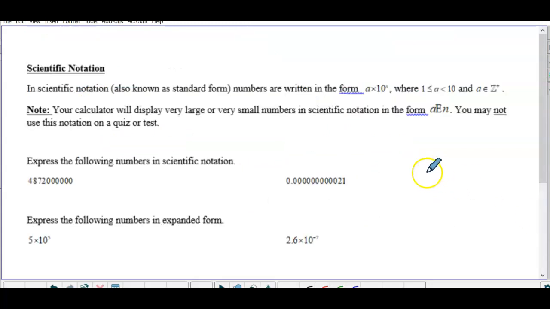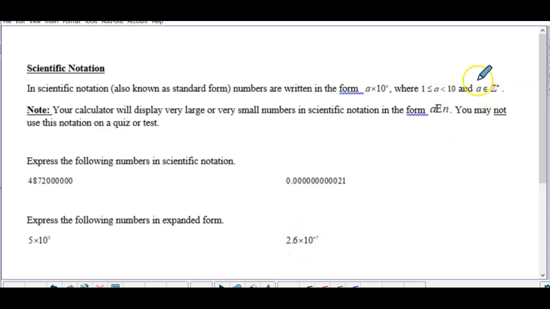Okay, so in scientific notation, also known as standard form, numbers are written in the form a times 10 to the n, where a is a number greater than or equal to 1, but less than 10. Now it says here, a is a set of the natural numbers. It doesn't have to be, because we could get numbers with decimals.